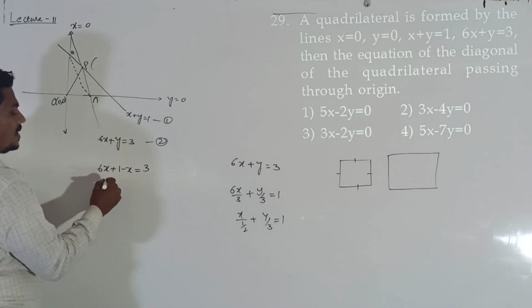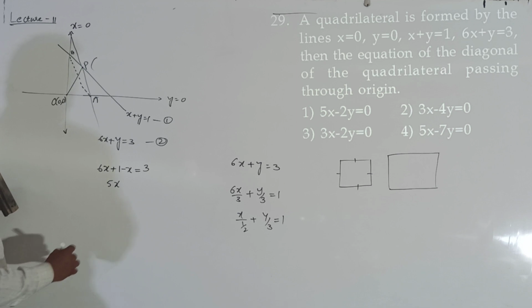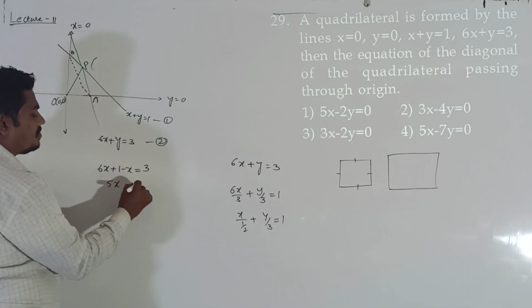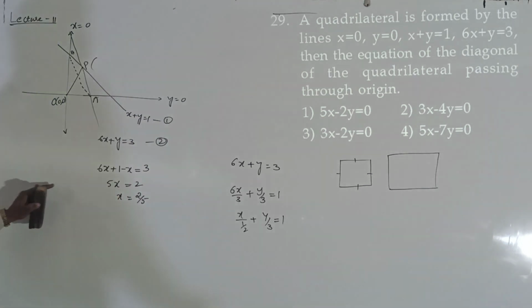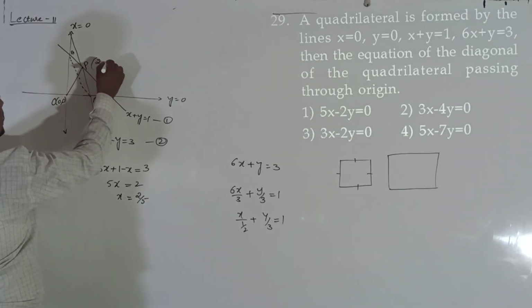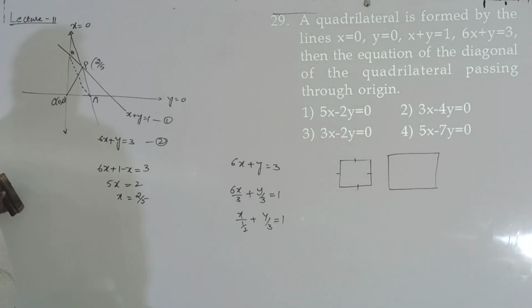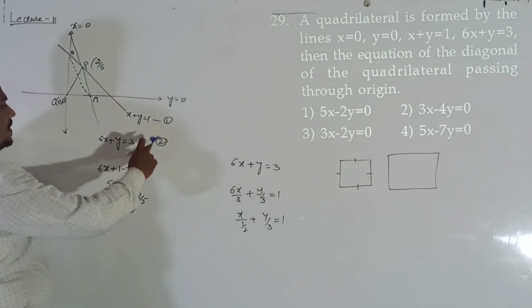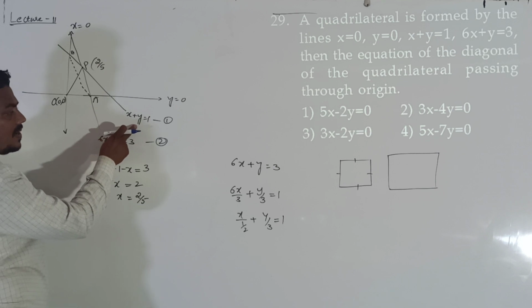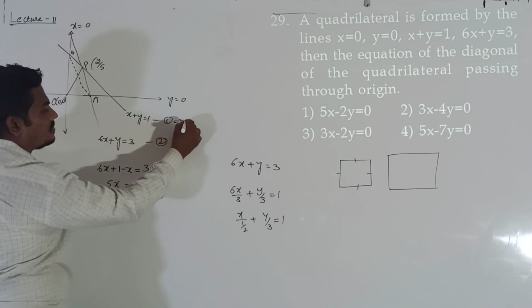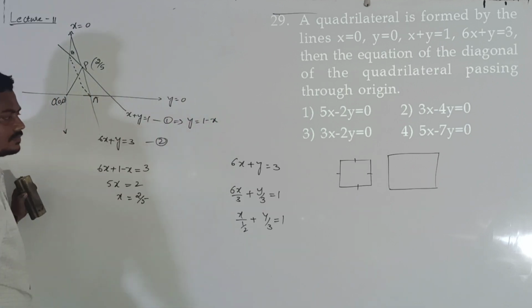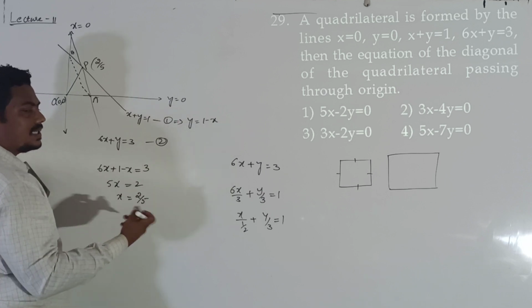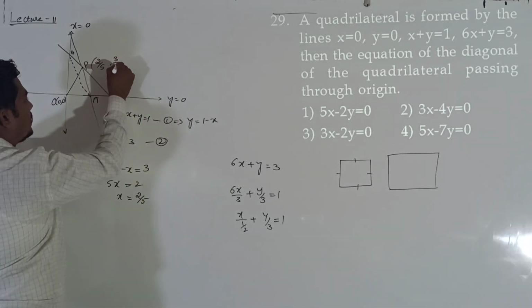Then it will be 5x is equal to 2, then x equal to 2 divided by 5. Putting x equal to 2 by 5 in equation number 1, y is equal to 1 minus x, which is 1 minus 2 by 5, taking LCM, 5 minus 2, that is 3, means 3 divided by 5.